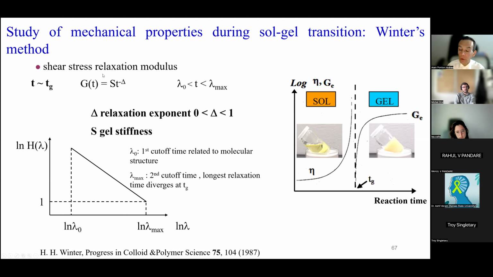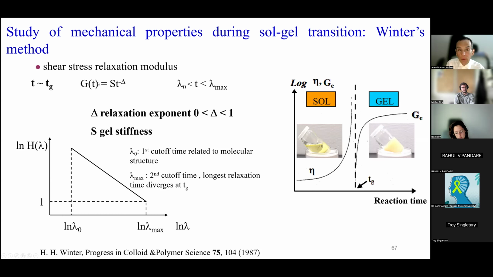And for some gels, the shear stress relaxation modulus is described by a power law as a function of time, where the amplitude is the gel stiffness and the exponent is the relaxation exponent between 0 and 1.